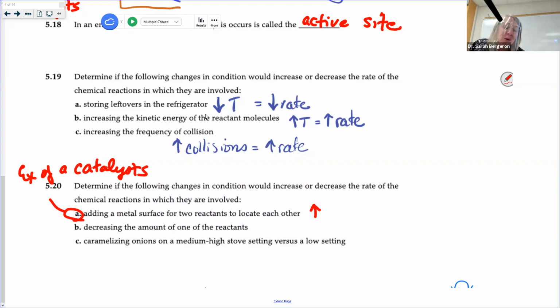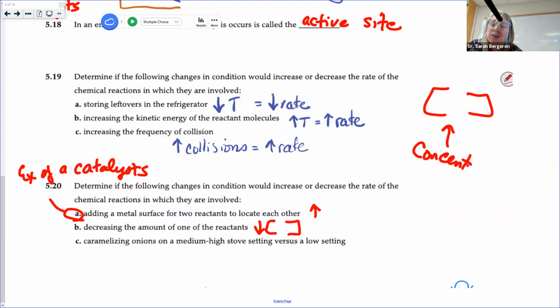So if you have fewer molecules, if you decrease the concentration, have y'all seen brackets for concentration? Anytime you see something in brackets, brackets means concentration. That's a chemistry thing. So if I decrease the concentration of reactants, what's going to happen? I'm going to decrease my reaction rate.